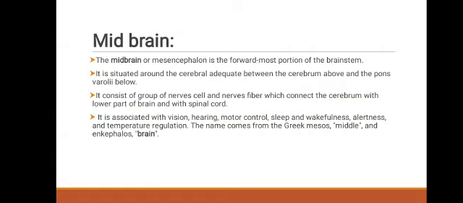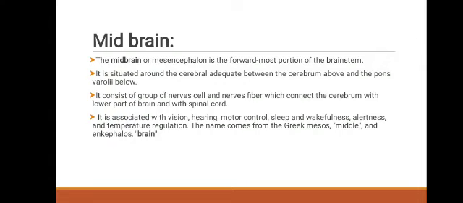Next part of the brain, that is midbrain. The midbrain or mesencephalon is the forwardmost portion of the brainstem. It is situated around the cerebral aqueduct between the cerebrum above and the pons below. It consists of groups of nerve cells and nerve fibers which connect the cerebrum with the lower part of the brain and spinal cord.